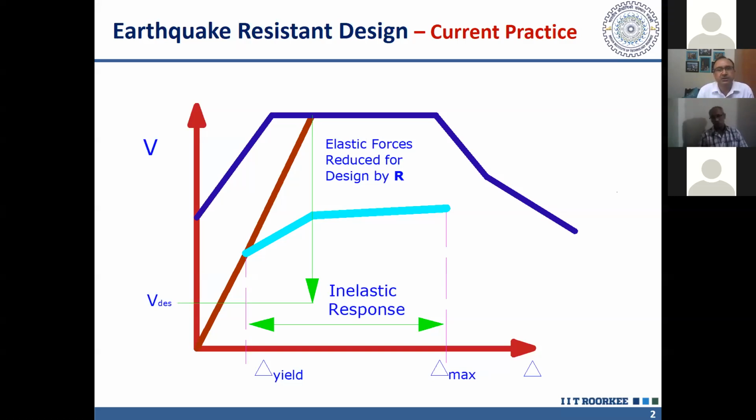And that's why in our code, or in all the codes of the world, there are a lot of do's and don'ts. So these response reduction factors are applicable to only certain types of buildings, which are regular and symmetric. If the building is irregular and asymmetric, then this judgment in the form of R may not be valid.